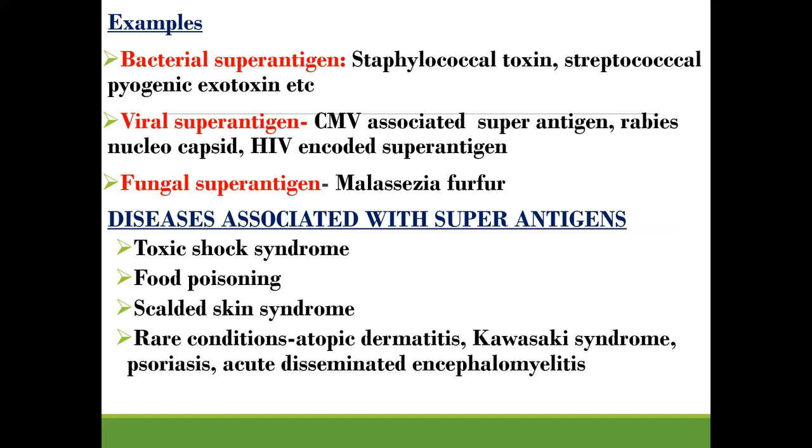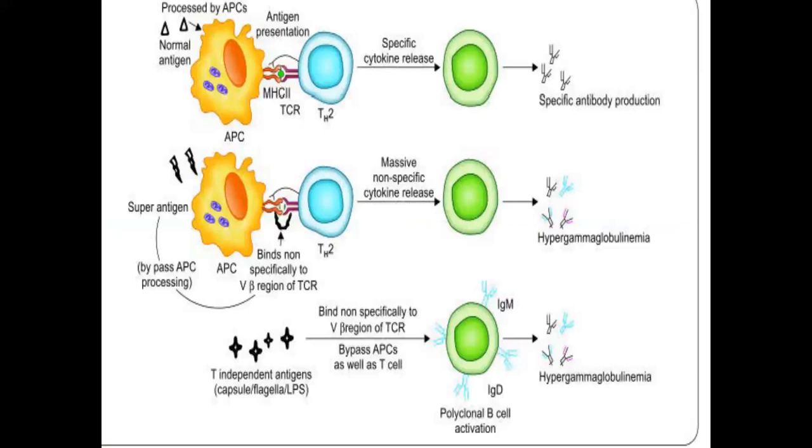Examples of some diseases associated with superantigens are toxic shock syndrome, food poisoning, scalded skin syndrome, and rare conditions like atopic dermatitis, Kawasaki syndrome, psoriasis, acute disseminated encephalomyelitis, etc. This is a pictorial representation showing the action of superantigen bridging MHC class II.